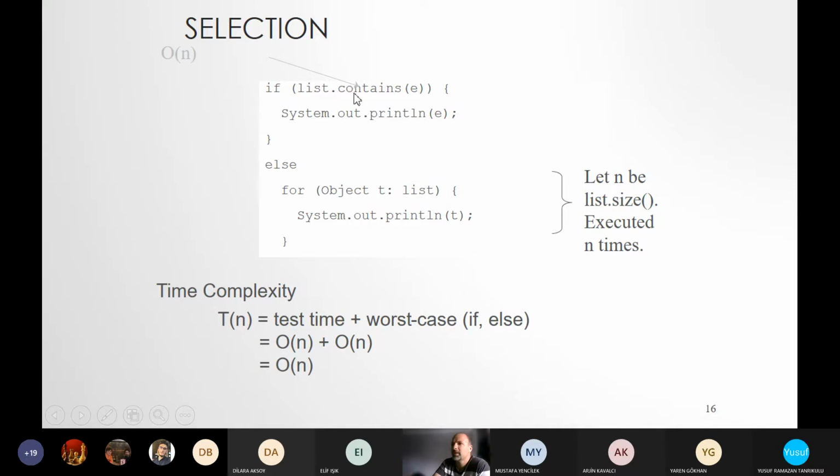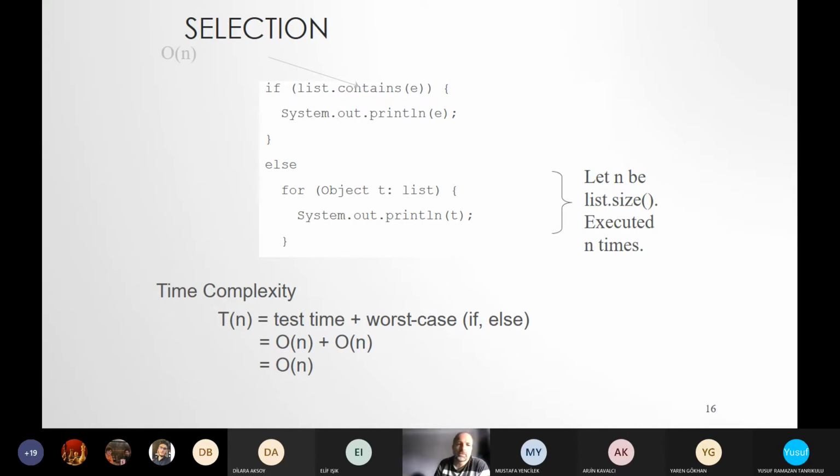Okay, which basically, again, it doesn't mean that this if statement takes the exact same amount of time to execute as this whole else for loop. We're not saying that it takes the exact amount of time, but what we're saying is that this whole algorithm is proportional. The amount of runtime is going to be proportional to whatever the size of the list is.